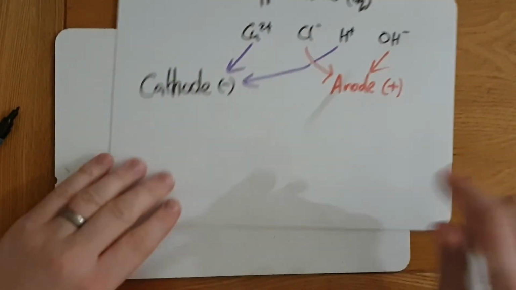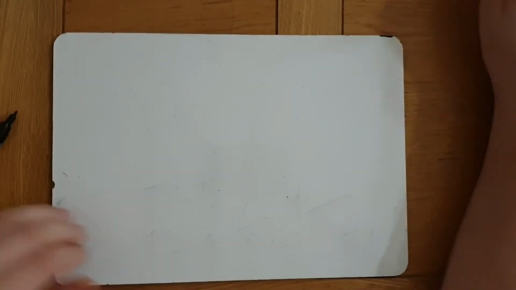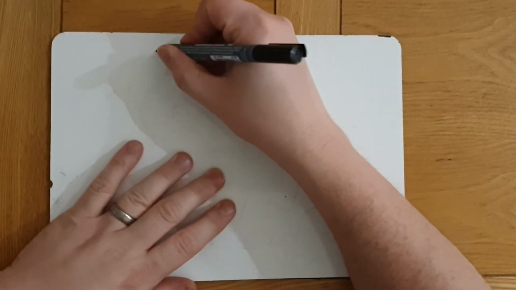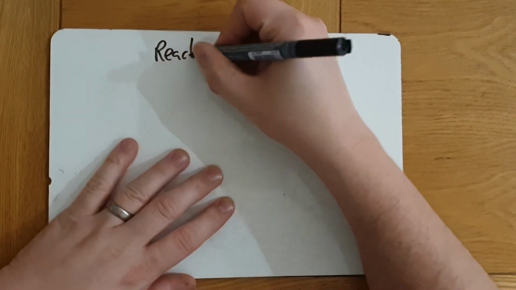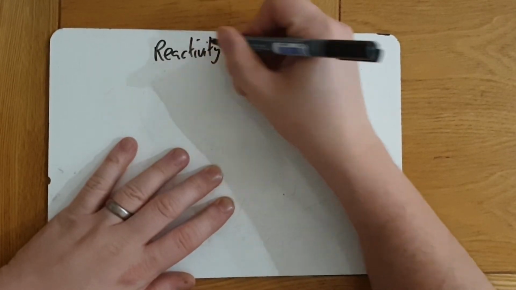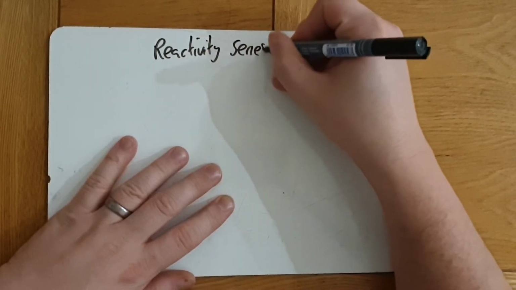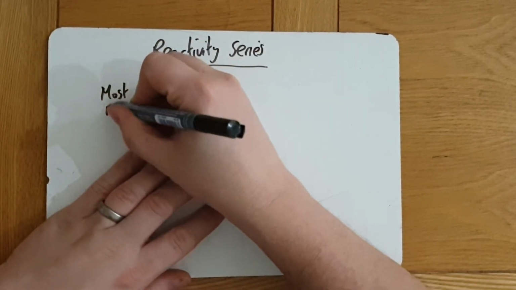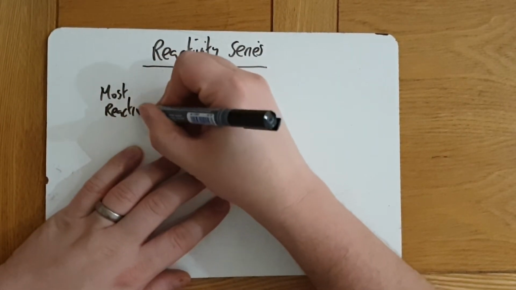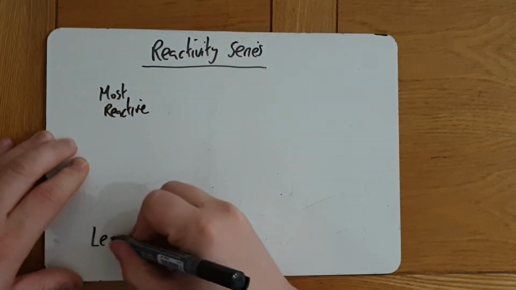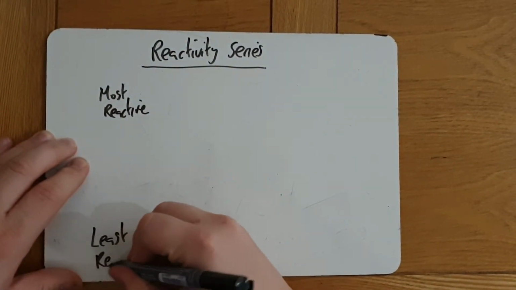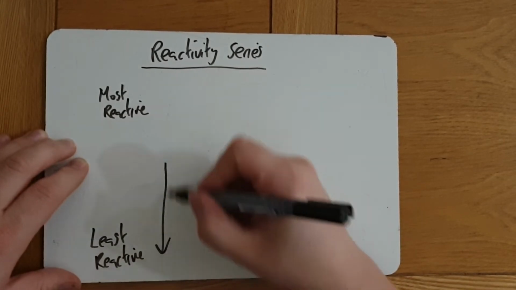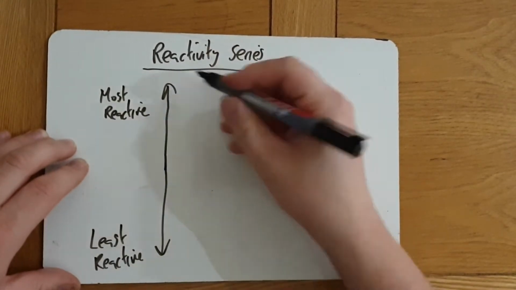Looking at the positive ions first of all, you need something called the reactivity series. If I put the most reactive at the top and then the least reactive at the bottom, the closer to the top you get, the more reactive it is.